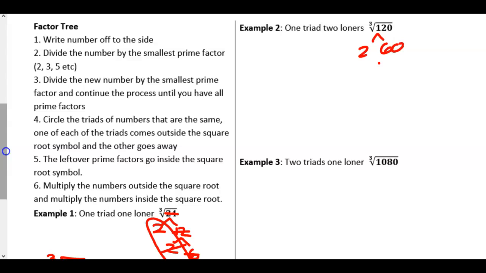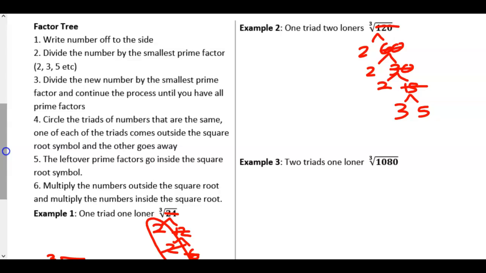Now, 60 is 2 times what? 30. 30 is 2 times what? 15 is 2 times... It's not 2. It's what? 3 times what? 3 times 5. Now, these are all gone.